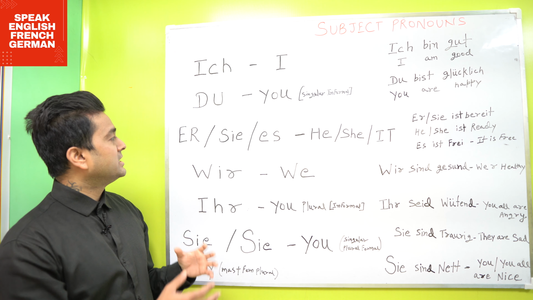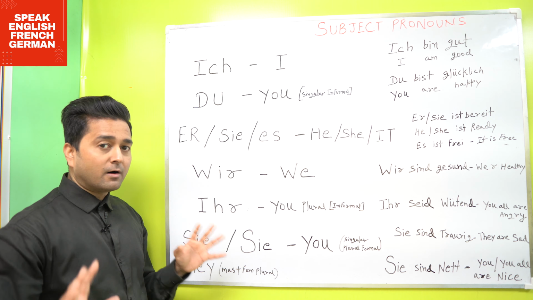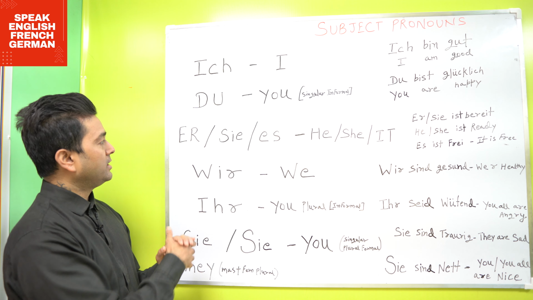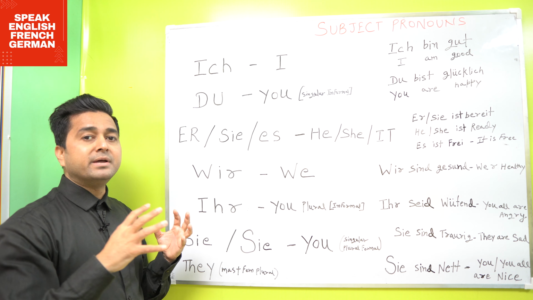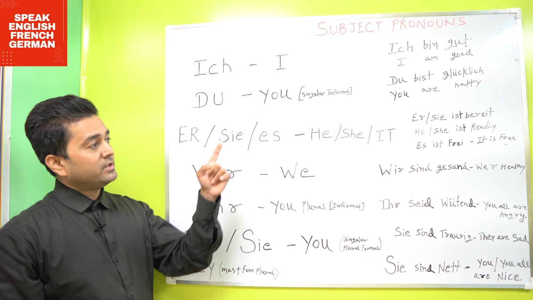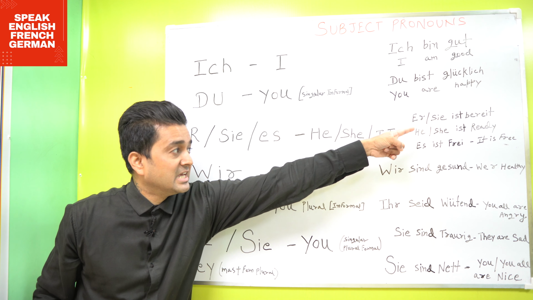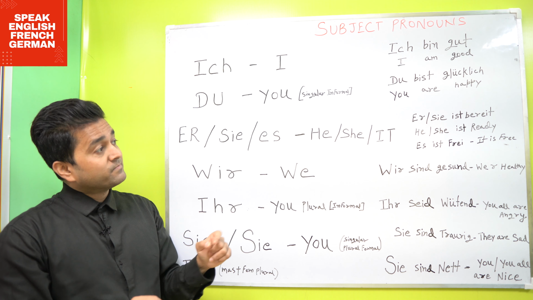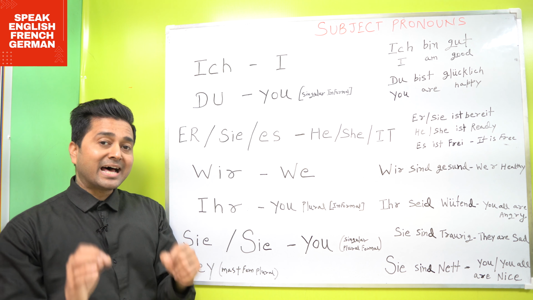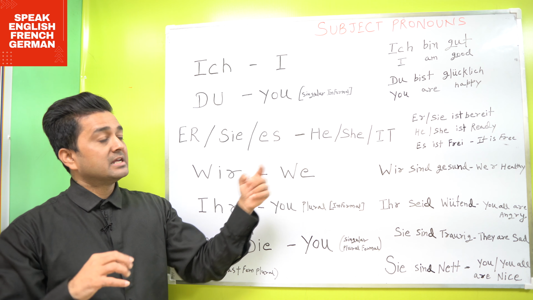Now let's talk about the next one. Here I make it easy now because I have given an example. So here, sie ist bereit. As I told you, we use the same form of conjugation, so you can see ist. Ist bereit, that means he is ready.